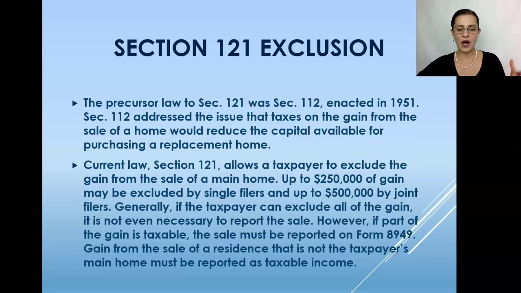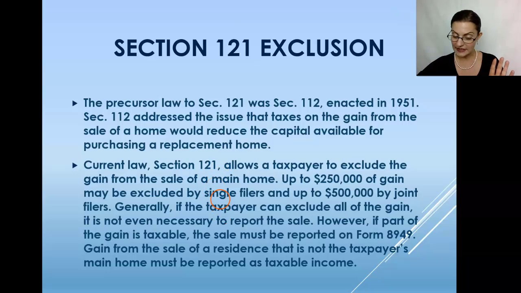And also, IRS notices freak taxpayers out. They get really nervous. Even if it's a situation like this where you can easily write a letter and solve the problem, it still makes people really uncomfortable, your clients. So my suggestion is to always report the sale, even if all of the gain can be excluded.